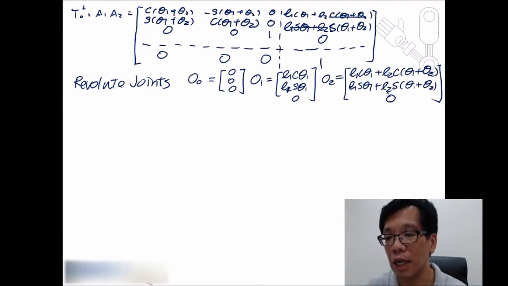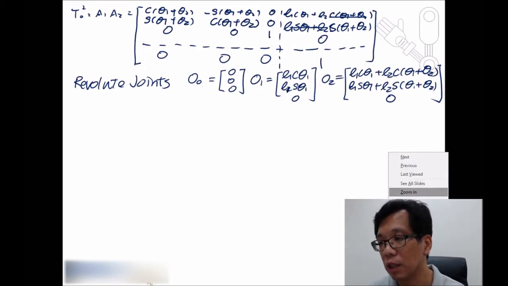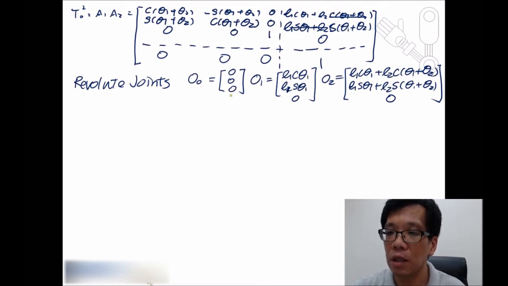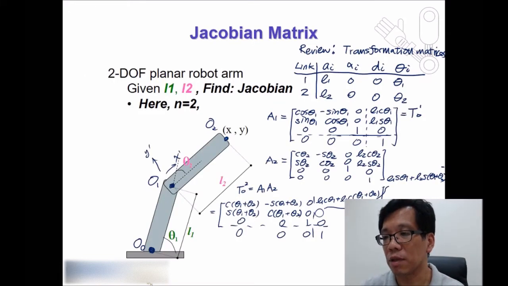You might also notice that those components actually are related to something we have already done. That is, let me change the color so you have a better idea of what I'm talking about. This one, obviously, we know is going to be the origin of the system. This one over here, go back to the previous slides, is actually this one over here. So this is also T0 to 1.